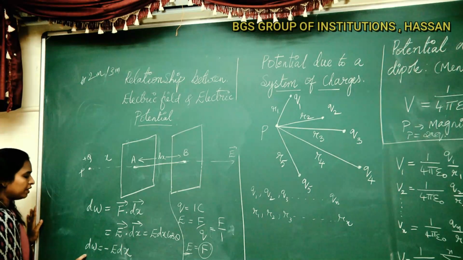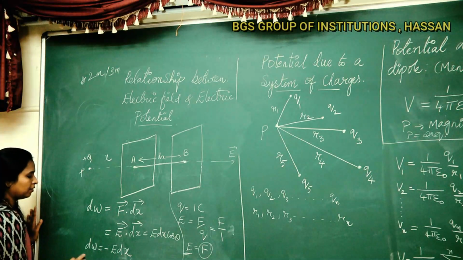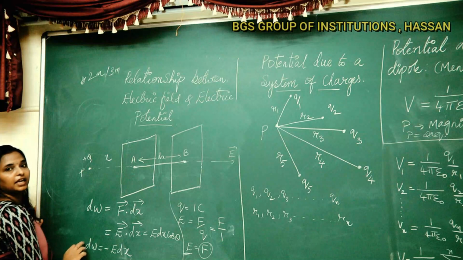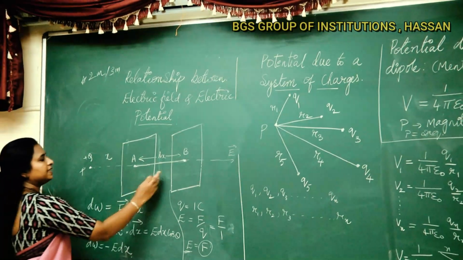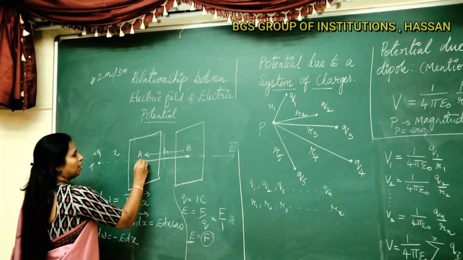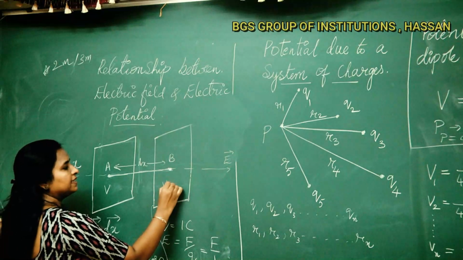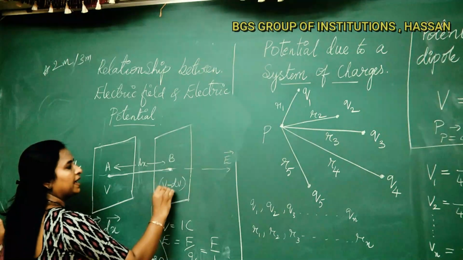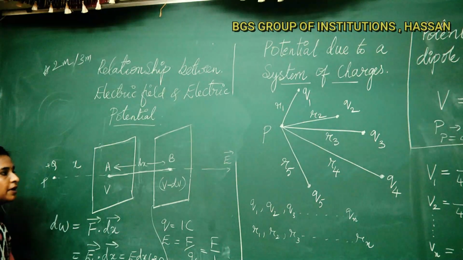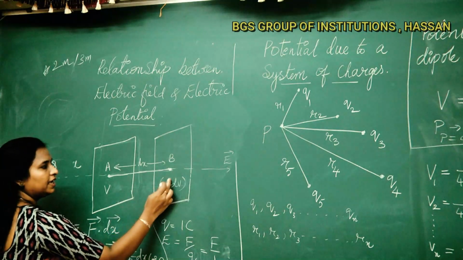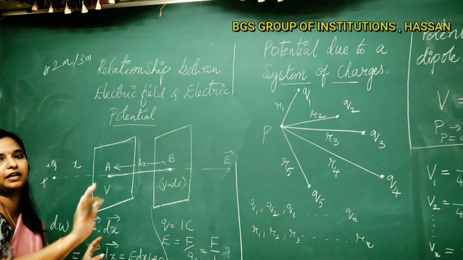Now our aim is to convert or write the work done in terms of electric potential, isn't it? Now we'll say that the surface A is having a potential V and the surface B is having a potential V minus dV. Here this dV represents the decrease in the potential towards the electric field.